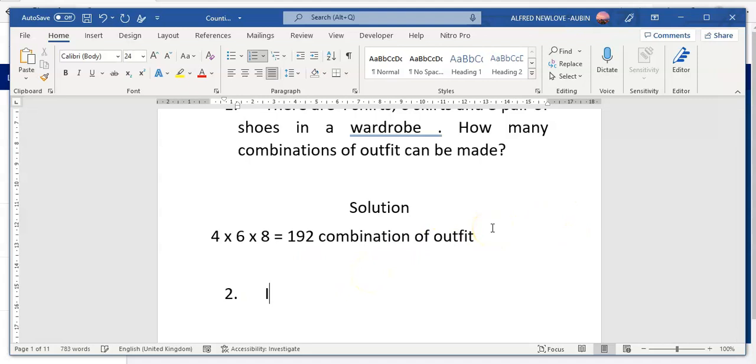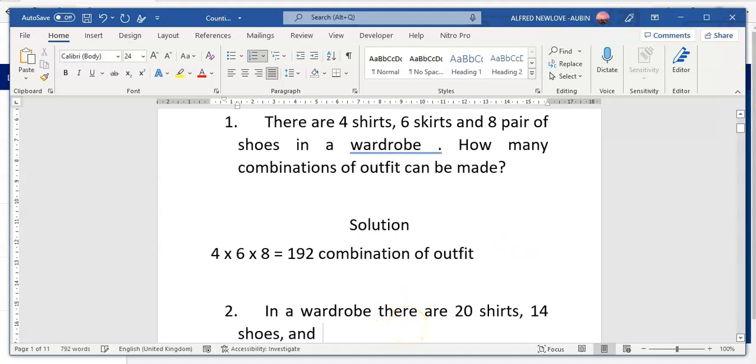In a wardrobe, there are 20 shirts, 14 shoes, and the last one can be any trousers or skirt or shorts, how many shorts? 12.